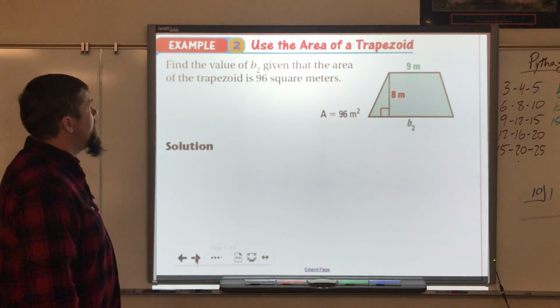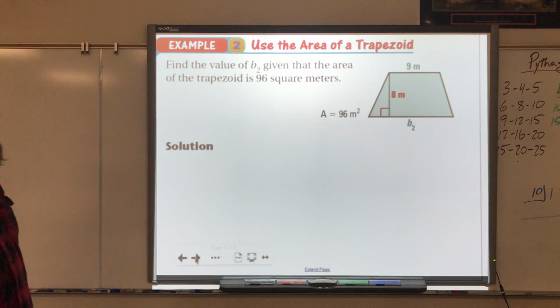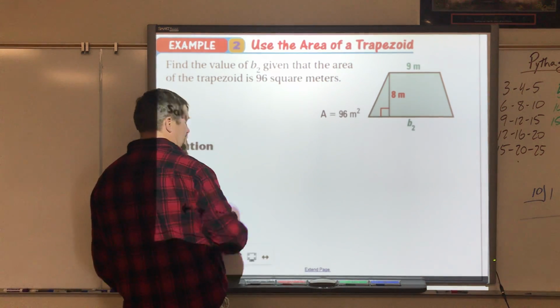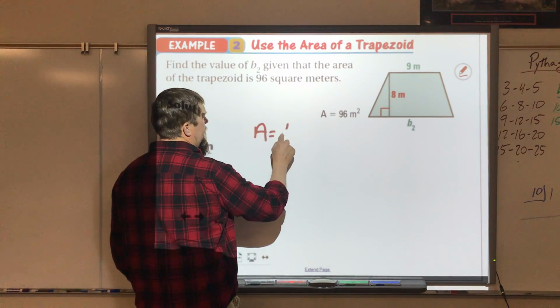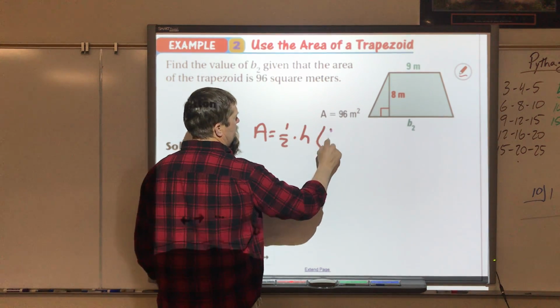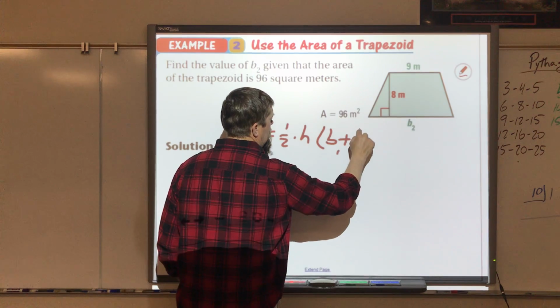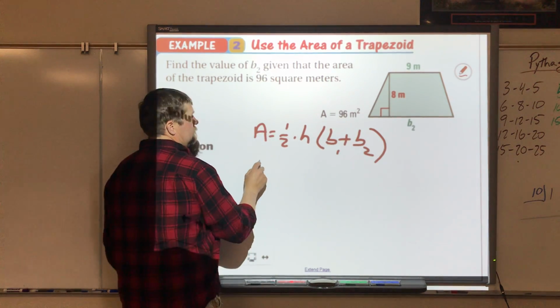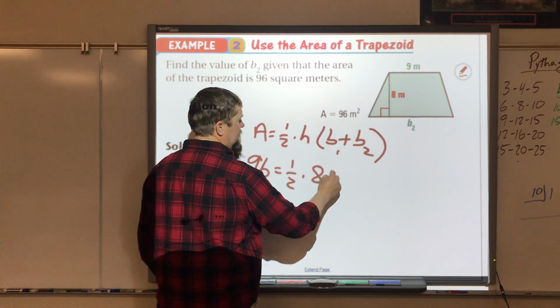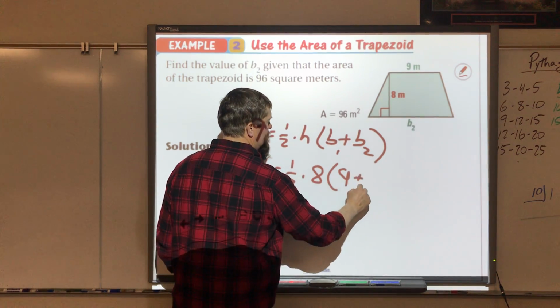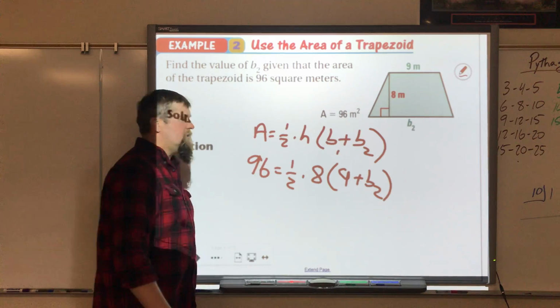Okay, it says here find the value of the second base. If you know the area is 96, so the area is equal to 1/2 times the height times b1 plus b2. So 96 is equal to 1/2 times the height times 9 plus b2. So here's how you do this.